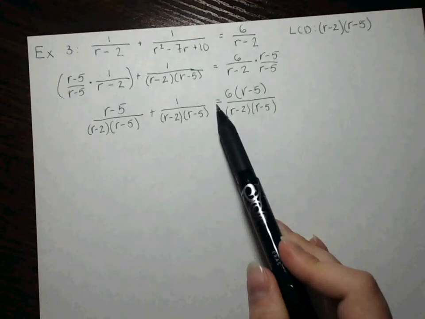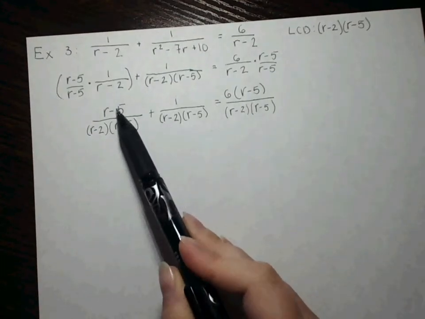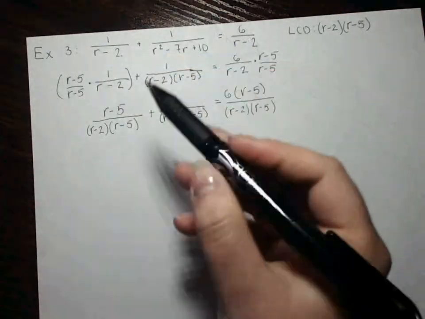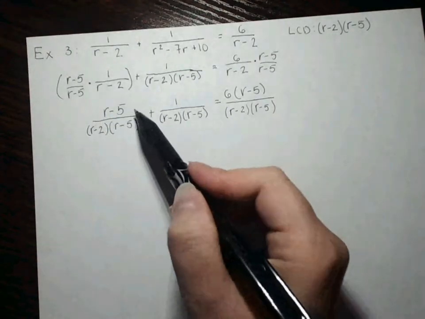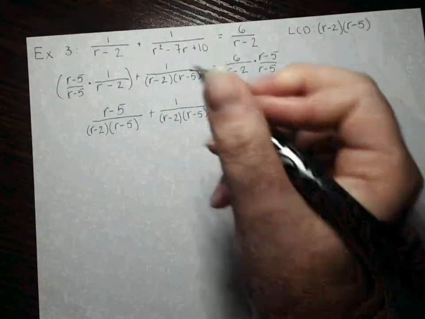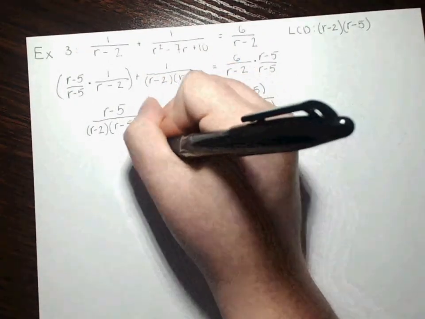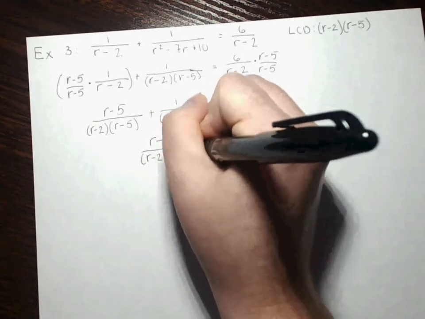So since this is an equal sign and these are all already equal, that means that these also have to be equal. First I'm going to combine these together. So r minus 5 plus 1 is actually going to be r minus 4 over r minus 2 times r minus 5.